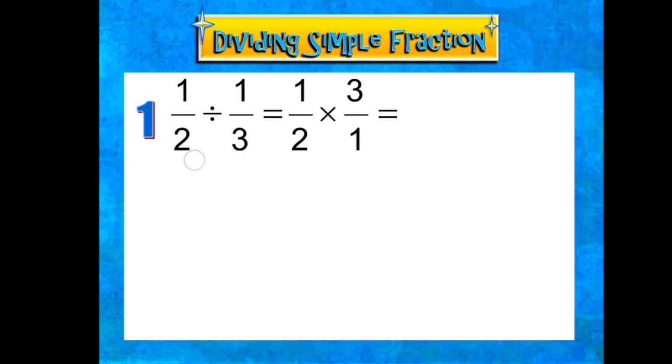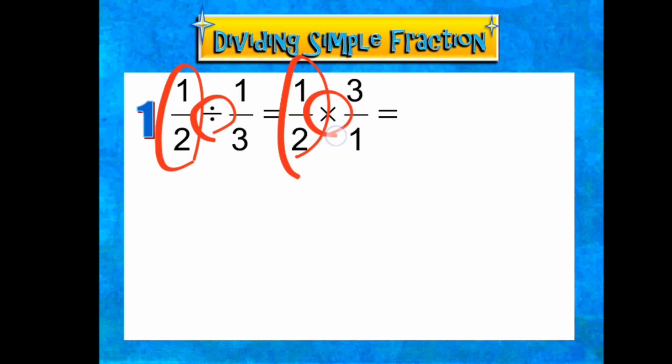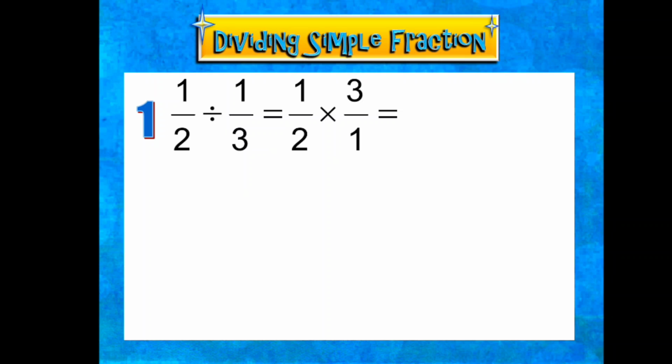Example number 1. So keep the first one, change the symbol, keep it, change it, flip it. So flip the 1/3 there. So that becomes 3 over 1 already. I hope that is clear. This time, you know how to do this already. It's multiplying.